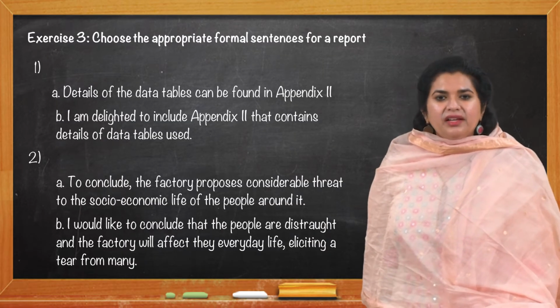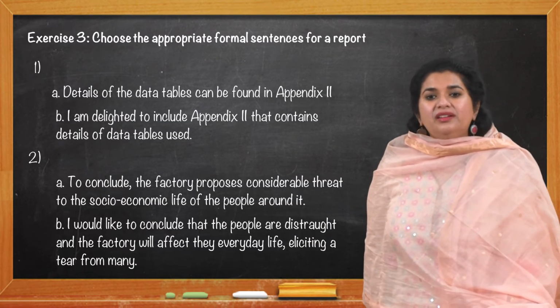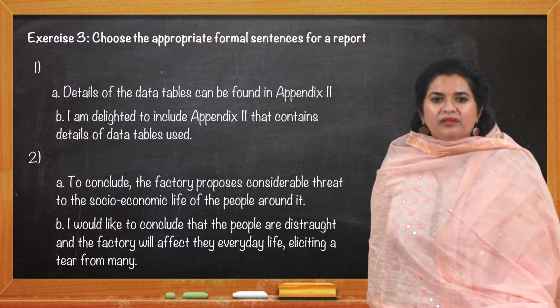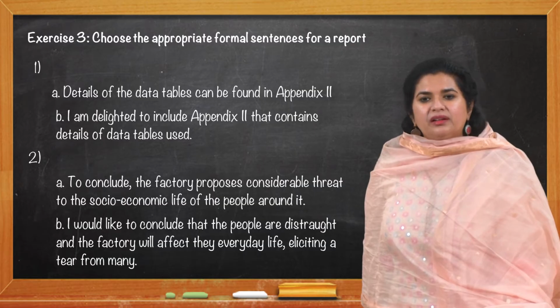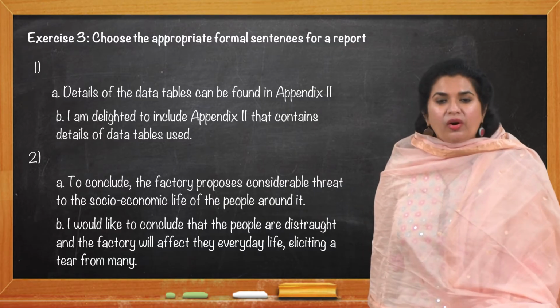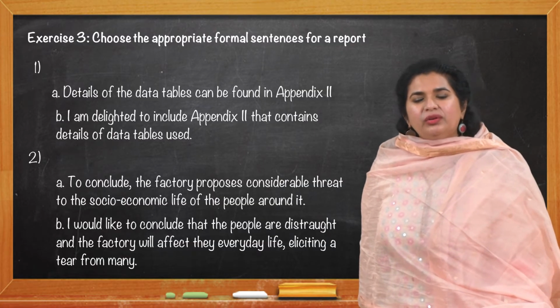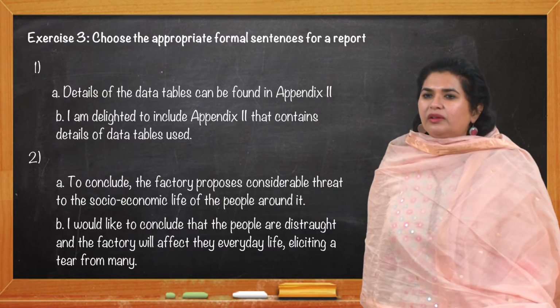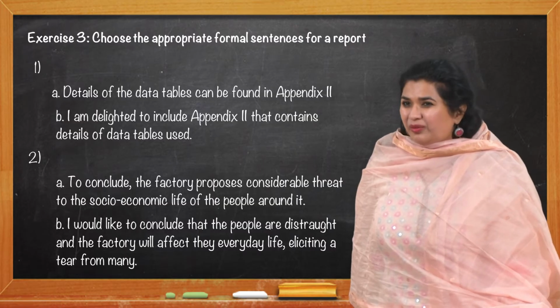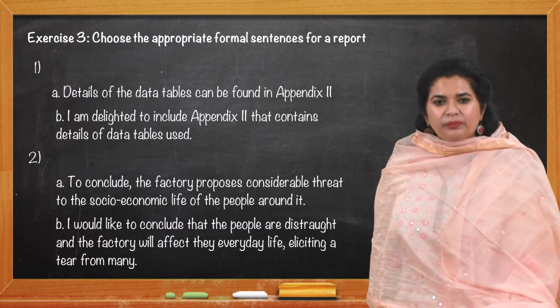This is the next exercise. Choose the appropriate formal sentences for a report. 1. A, details of the data tables can be found in appendix 2. Is this better? Or B, I am delighted to include appendix 2 that contains details of data tables used. Which do you think is more appropriate for a formal report?